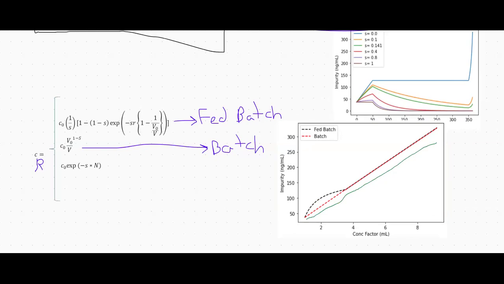But if you have a fed batch mode where you're effectively adding in more product as you remove volume, your concentration increases faster until you hit batch mode, which is here. That's where your R, your tank ratio, ends up equaling 1. And then you continue on your linear increase.